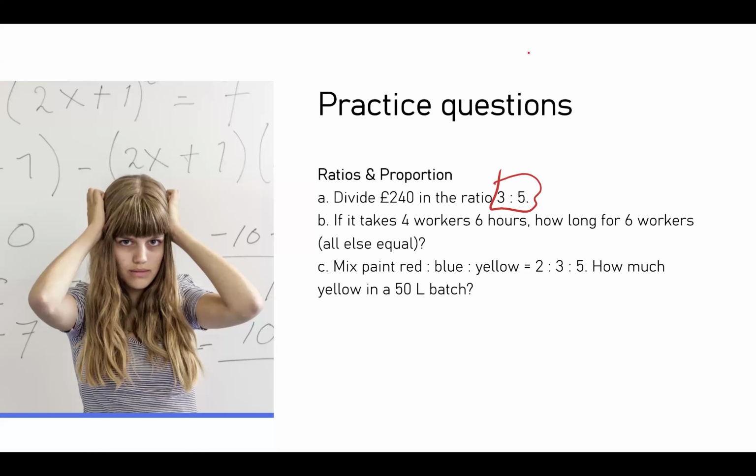We will find out, so we would divide it by, I'm just trying to think, if we divide it by 6.